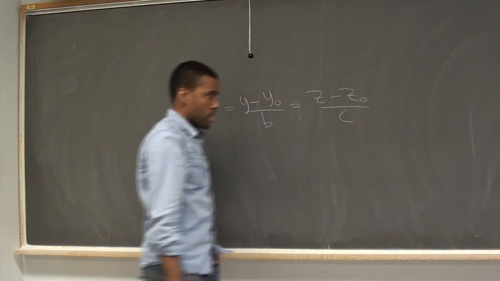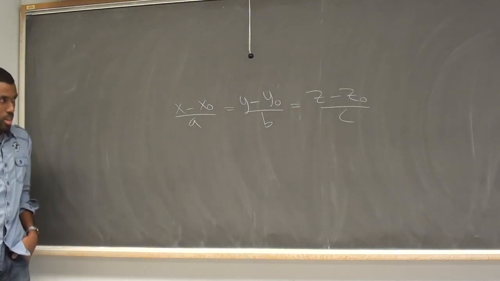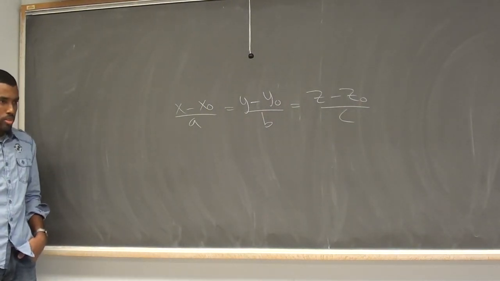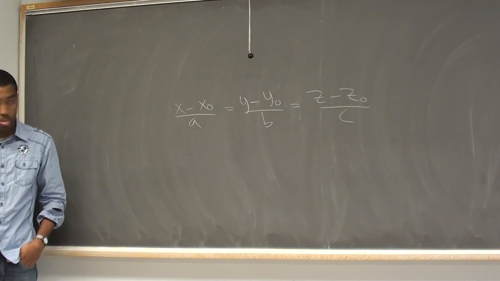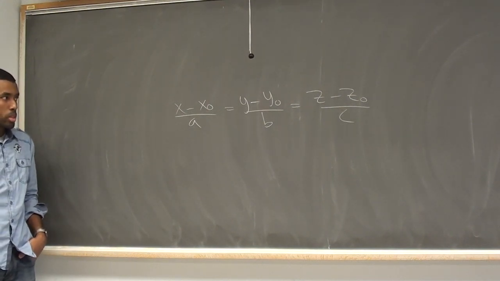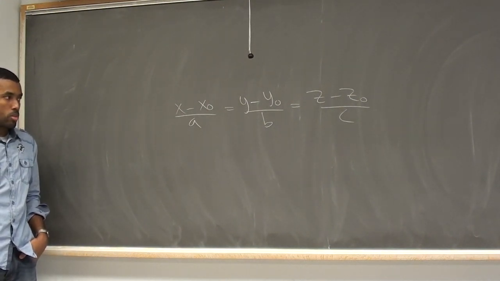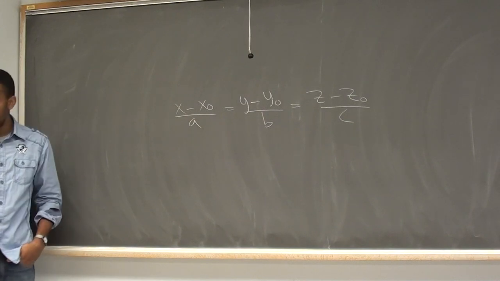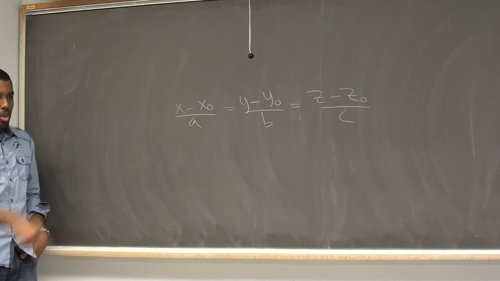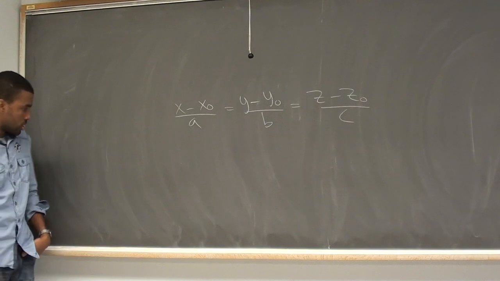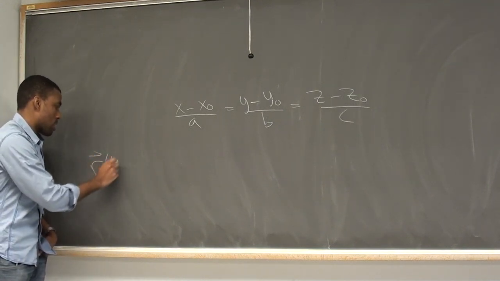This is called the symmetric version for the equation of a line, right? It's rarely used, and in fact in 392 I don't think you ever see that one. You might see it rarely in Calc 3, but it's not a typical form. Usually in our line of work we're going to parameterize this thing into a vector function. So how do I know r of t is a straight line?